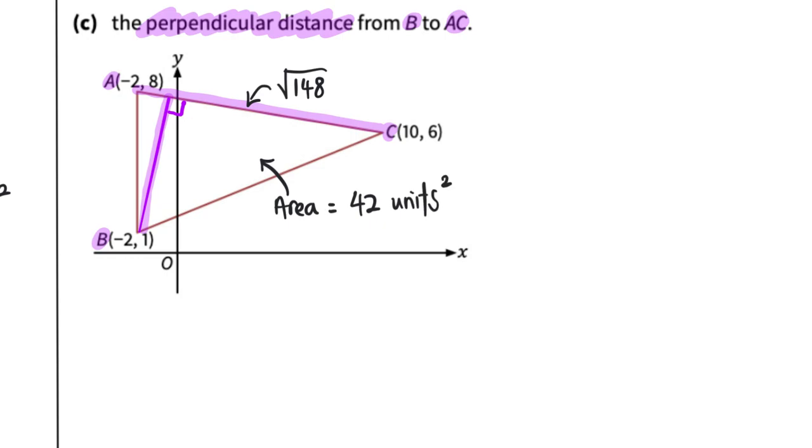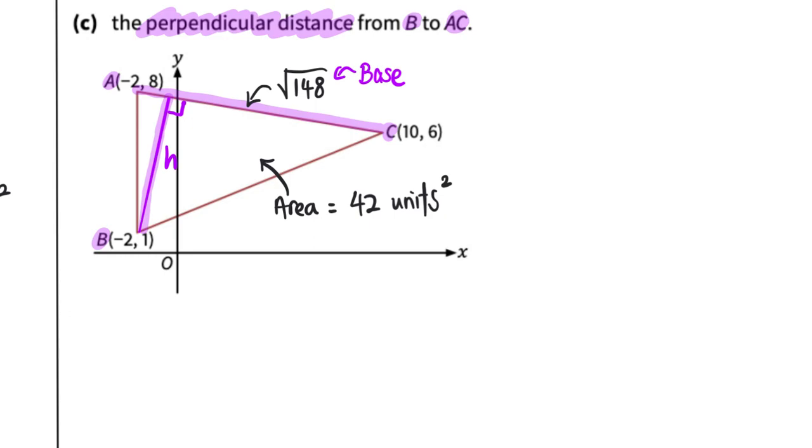Combining all these pieces of information, I am going to name this as H, and so half times base times height equals area. With AC as my base and the perpendicular distance of B to AC as my height, I would then be able to get my H fairly easily.